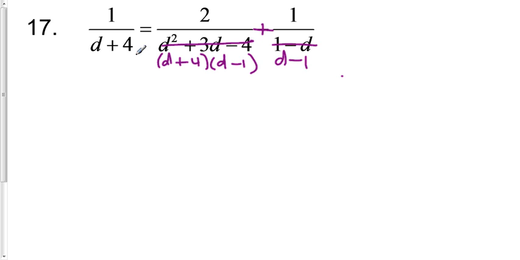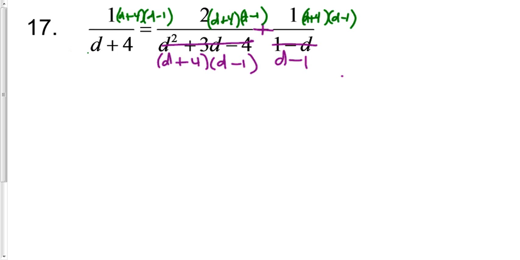Okay, so now I'm going to multiply by my common denominator, which is d plus 4 times d minus 1. Every term in the equation needs to be multiplied by the same thing. Okay, and now I can cancel out each denominator.